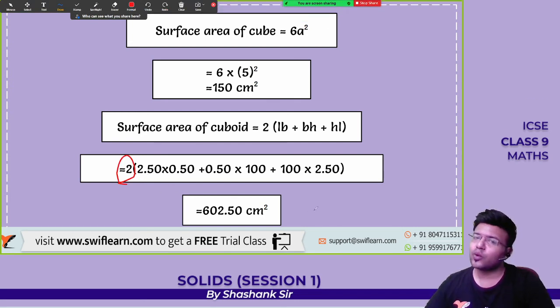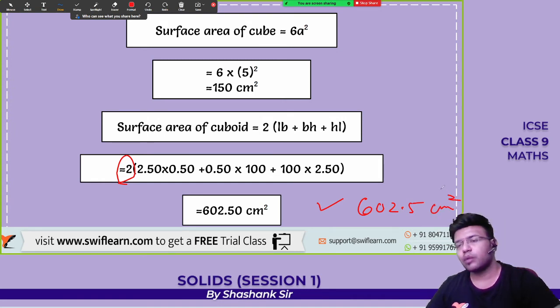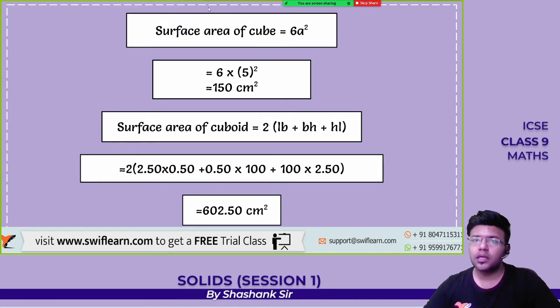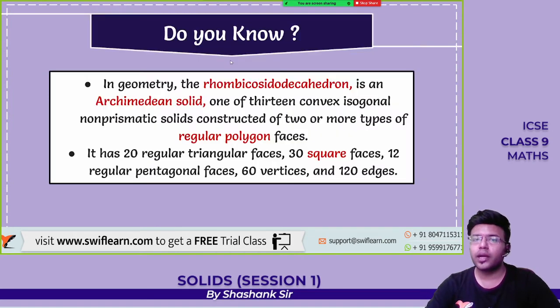So multiplied by 2, we get 602.5 square centimeters. This is the total surface area of the cuboid.